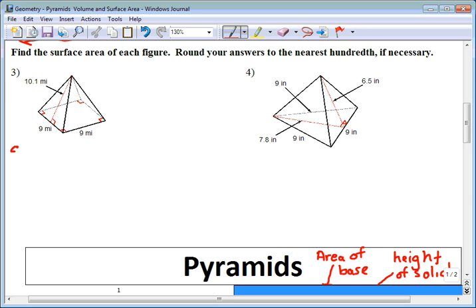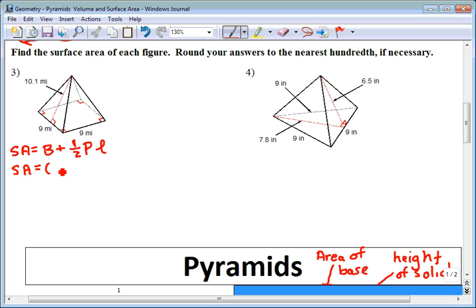Okay, so the surface area of my pyramid, we said, is the area of the base plus 1/2 times the perimeter of my base times my slant height. The first thing we need to do is identify what polygon our base is.